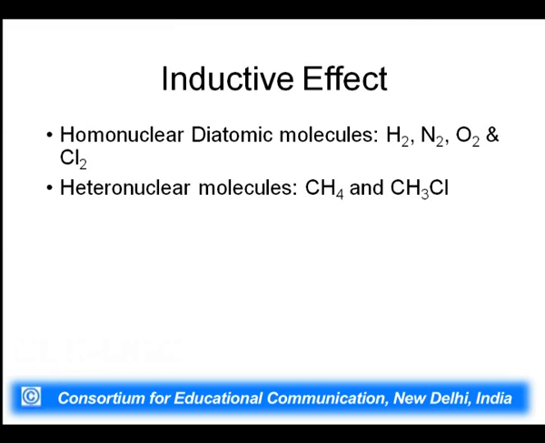Going back from homonuclear diatomic molecules, I would like to draw your attention to heteronuclear molecules. As we have said, carbon-hydrogen also has a similar kind of electronegativity environment. So methane will also be non-polar, meaning there is no electronegativity difference between carbon and hydrogen, or a very small one, which is negligible.